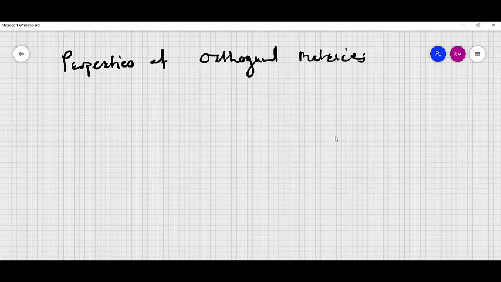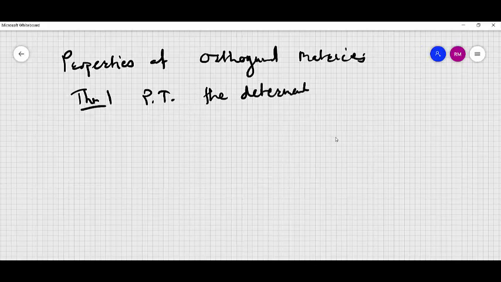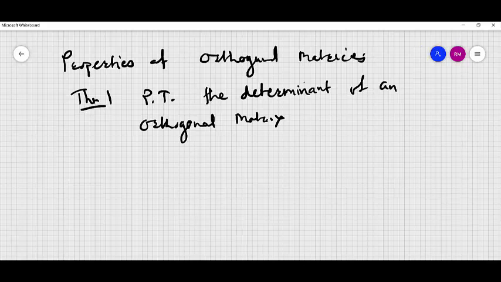So first theorem we can say, prove that the determinant of an orthogonal matrix is plus or minus 1.